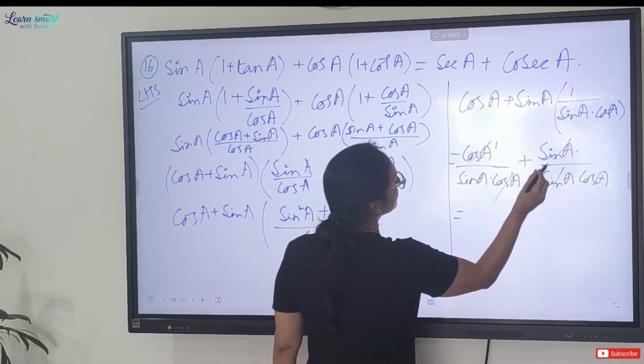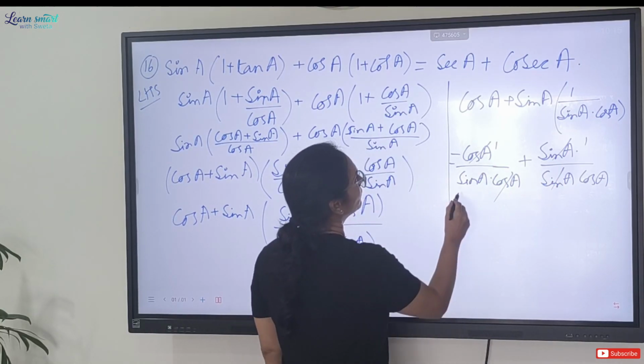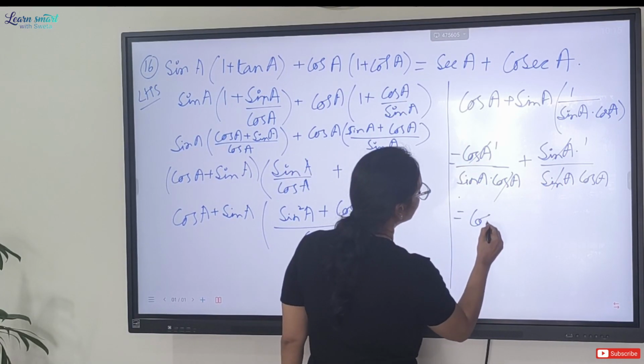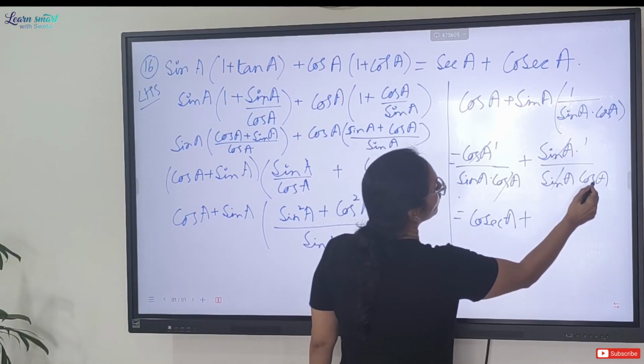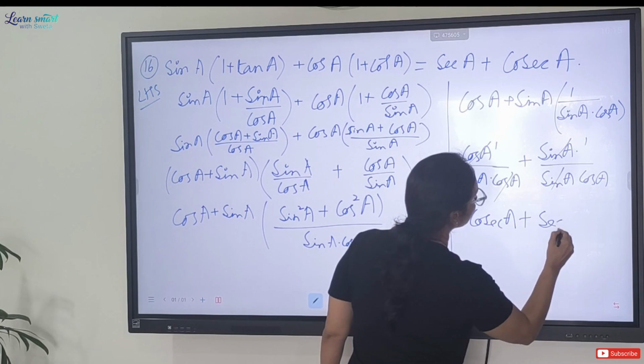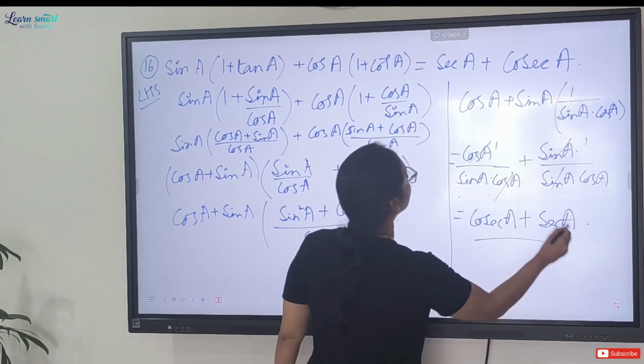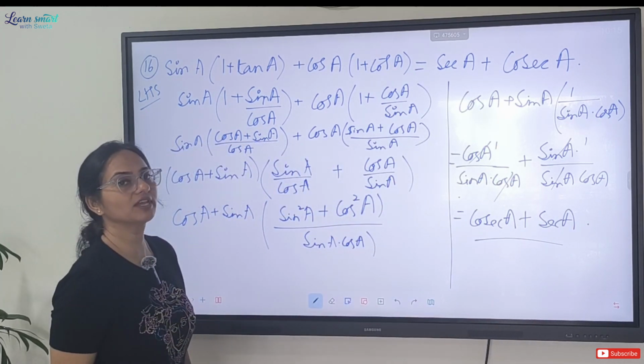We are left with 1 upon sin A, and 1 upon sin A is cosec A. We will write cosec A plus 1 upon cos A, which is sec A. And we are getting the RHS, so we have proved it.